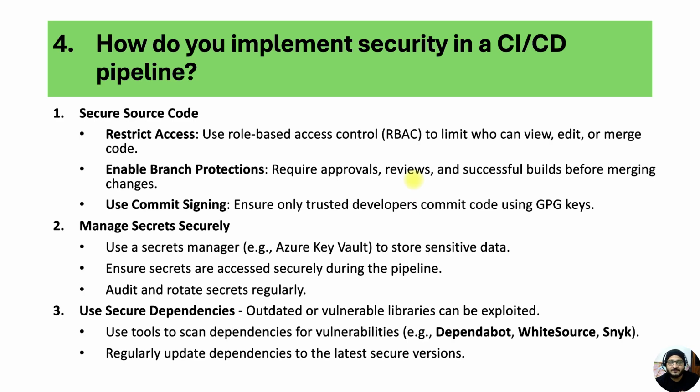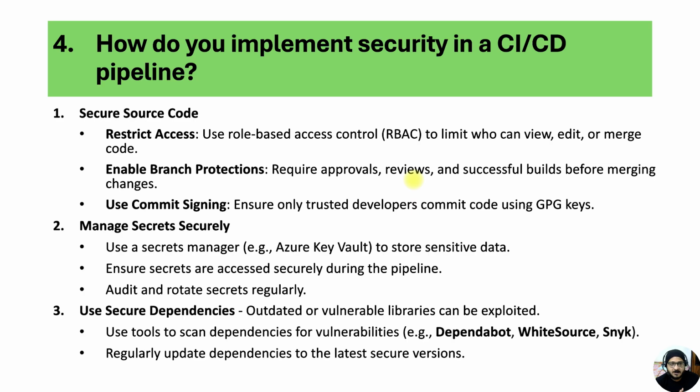All these tools can help you identify if you have any vulnerabilities in your libraries or dependencies. We should also regularly update dependencies to the latest version, because every DLL or open source library we use always releases a latest version. So we should also consider upgrading our dependencies to the latest version.